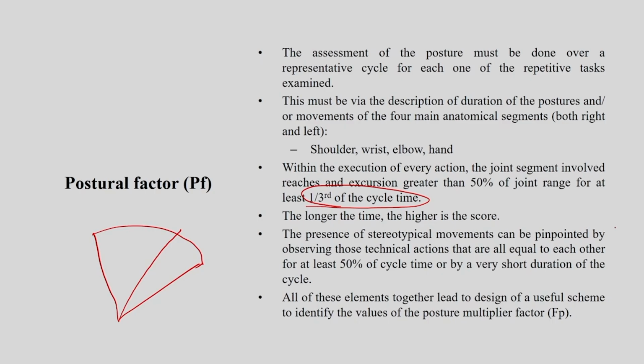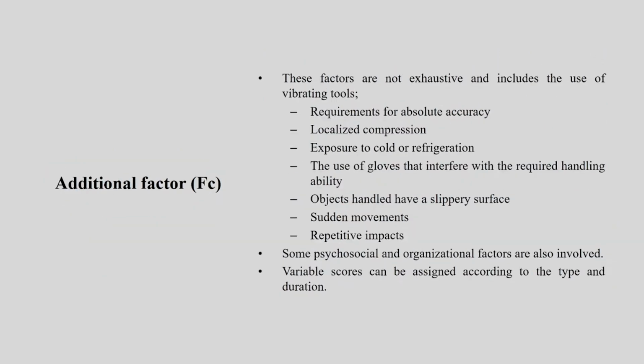You need to make this consideration when we are talking about the postural factor. All of these elements together lead to the design of a useful scheme to identify the values of the postural multiplier factor, that is the FP. Moving forward, that is the additional factor.